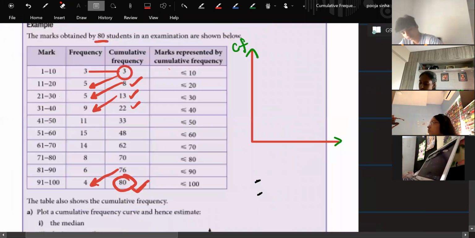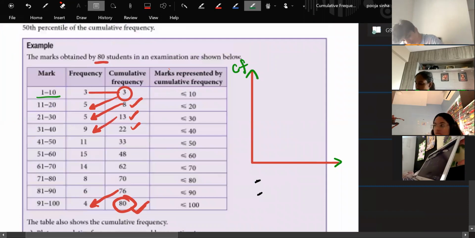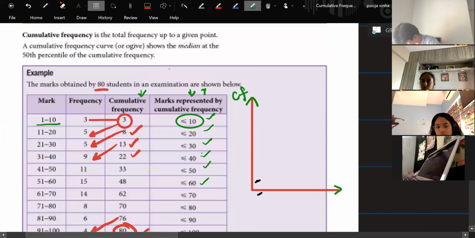Then important. Are we writing full 1 to 10 on the X-axis? No. These are the two columns which need to be plotted. So the values 10, 20, 30, 40, 50, 60 will go on the X-axis, and the cumulative frequency, kahan jana chahiye? On the Y-axis.